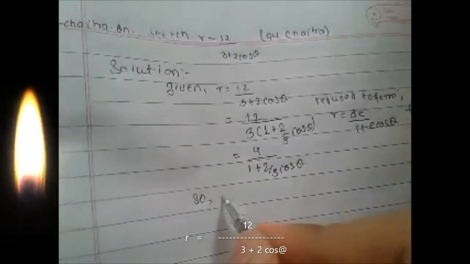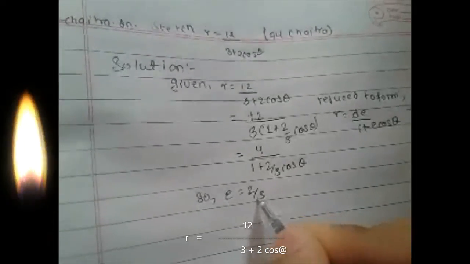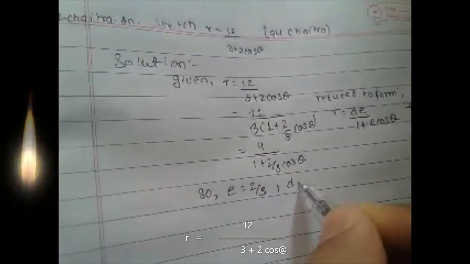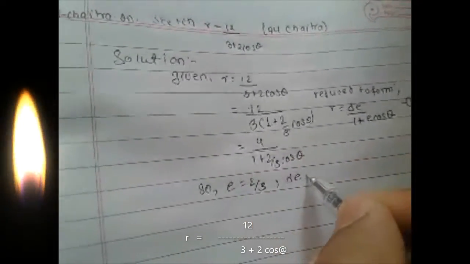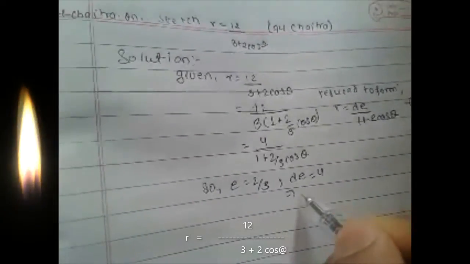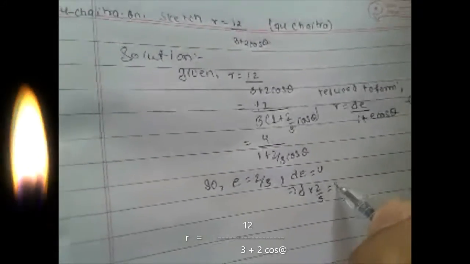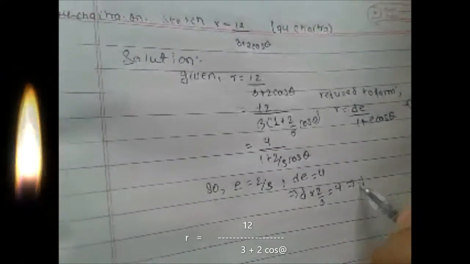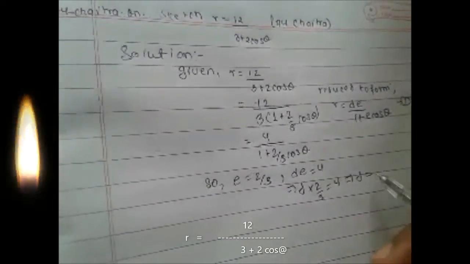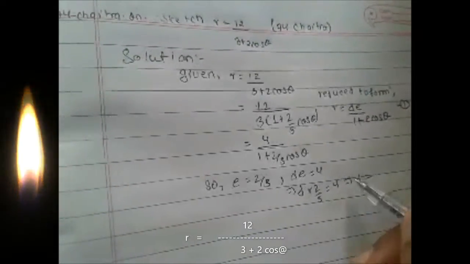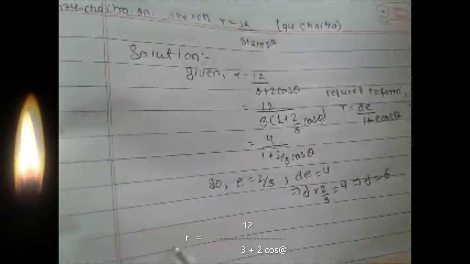So we get our E. Comparing, we get E to be 2 by 3 and dE to be 4. That means D into 2 by 3 is equal to 4, so D is 6.